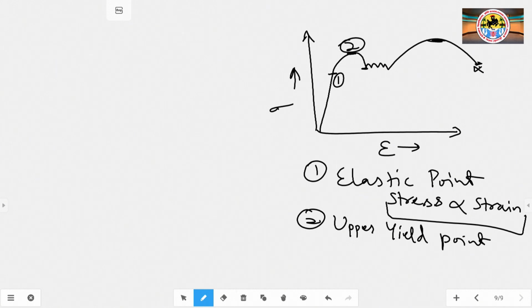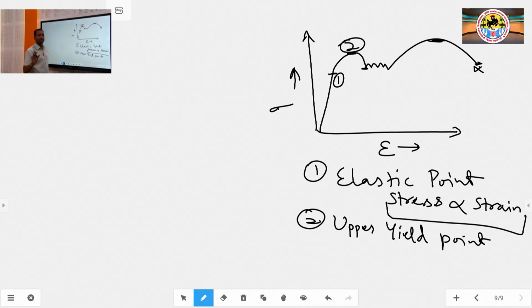Against that pressure, the material applies stress, but deformation will occur after it crosses point number 1. Here, the material cannot regain 100% of its original dimensions after removal of the applied load. Whatever load we apply, if it crosses point number 1, it can no longer regain its 100% dimension, meaning some deformation will be there.